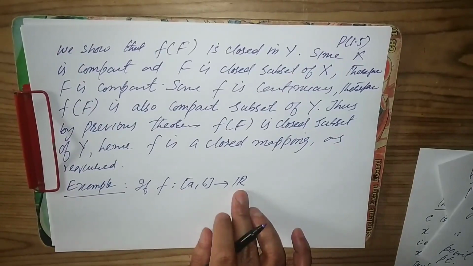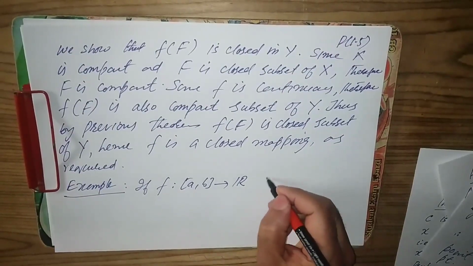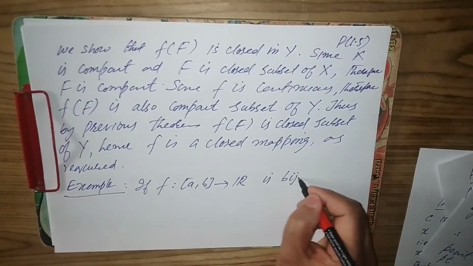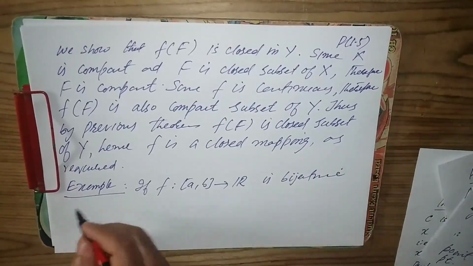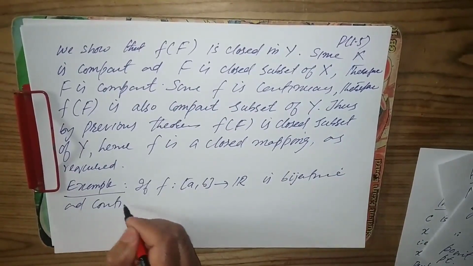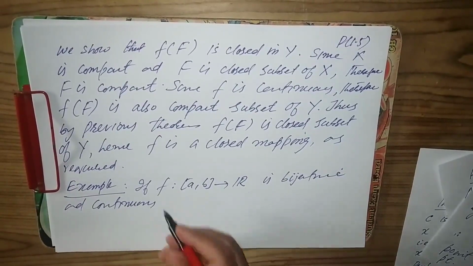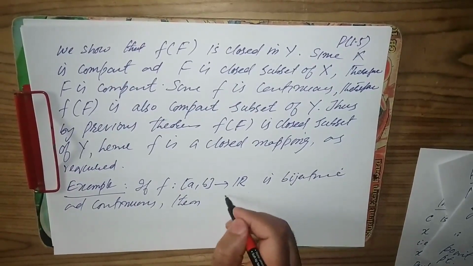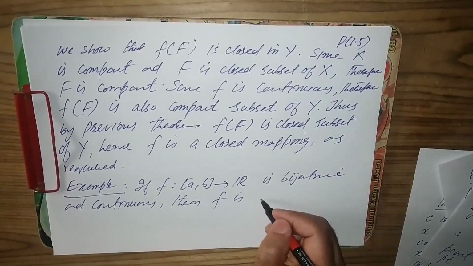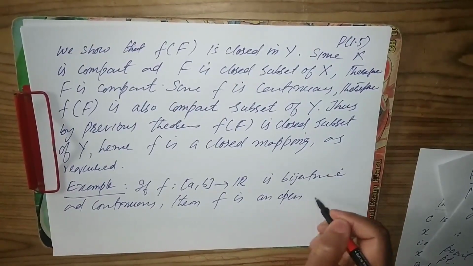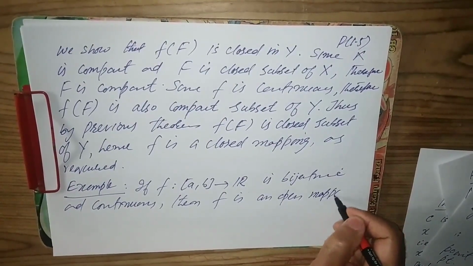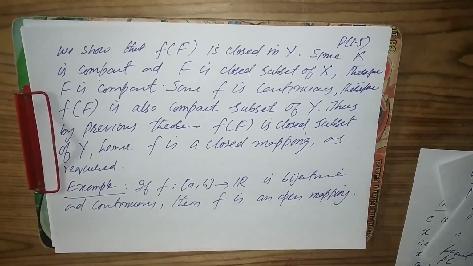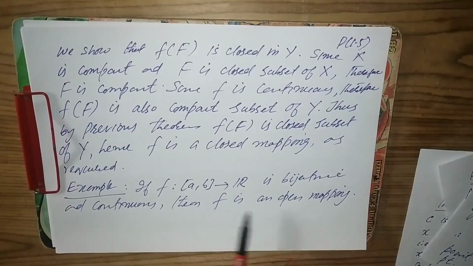So if it is bijective and continuous, then f is an open mapping. By the previous theorem it maps open sets onto open sets, closed sets onto closed sets. So that's the application of this theorem.